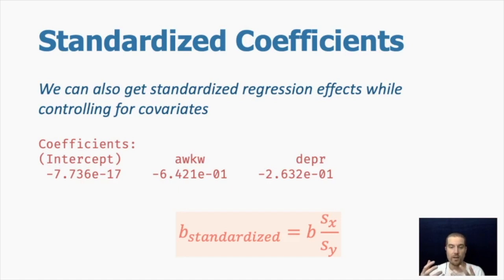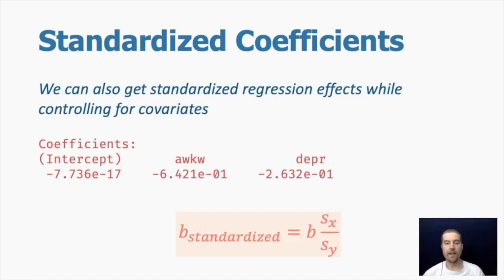were in before. In other words, if we're looking at the awkwardness one, we have negative 6.4 e to the negative 1, which just means 0.64. So negative 0.64 is the coefficient on awkwardness.